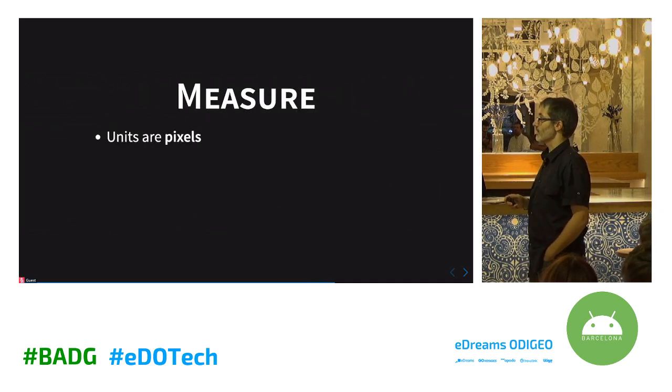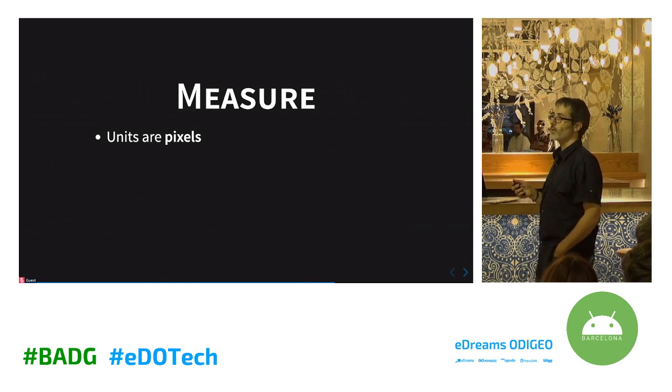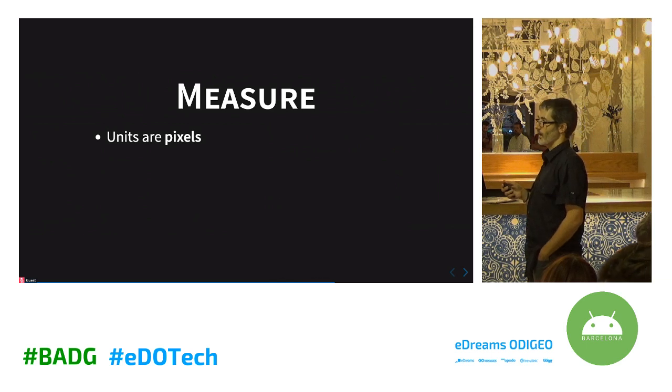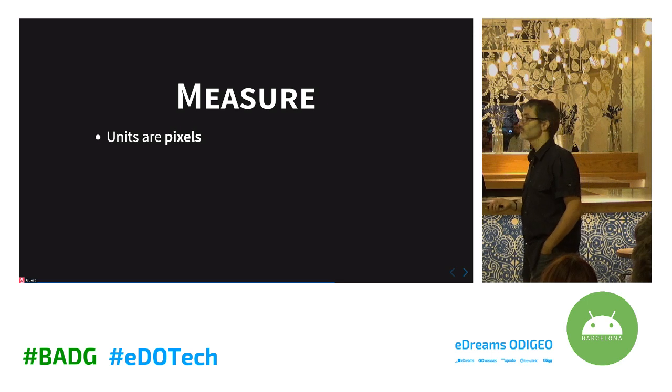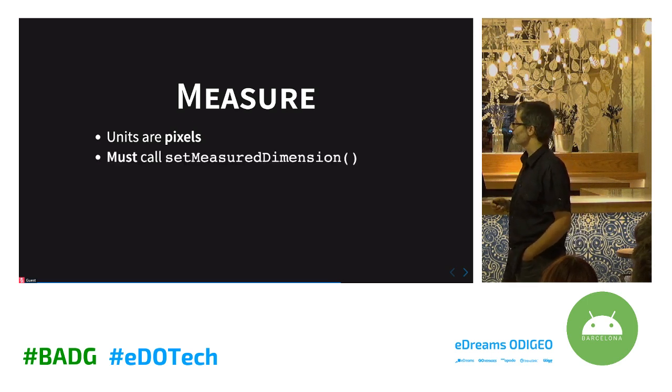Important details: units are pixels. We are not getting dps, we are not getting anything else, we are getting pixels. Basically, we have to use whatever dimension we need and always convert it to pixels. For example, if we are getting the dimensions from the layout, they will already be in pixels, so that is fine.